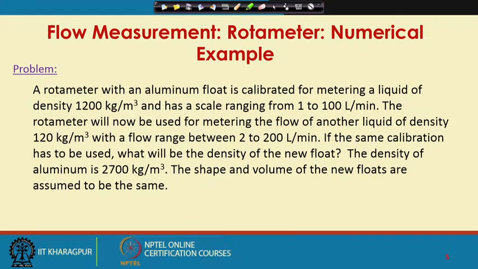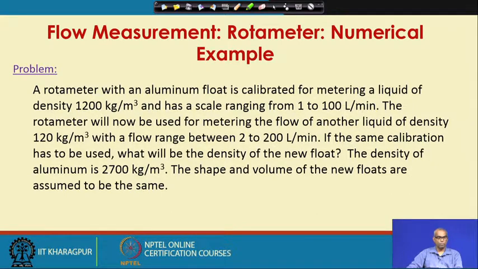Now, let us move on to our next problem on flow measurement by rotameter. We have discussed about rotameter. Rotameter measures volumetric flow rate. If we multiply that by density of the fluid that is flowing through the rotameter, you get the mass flow rate.